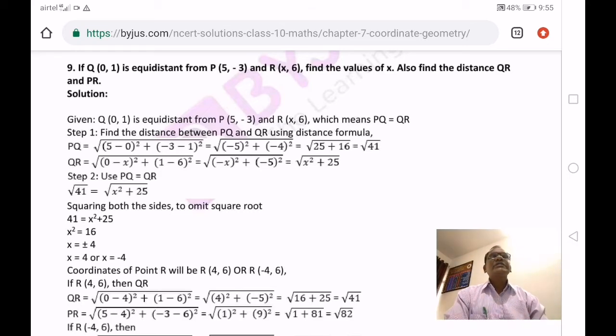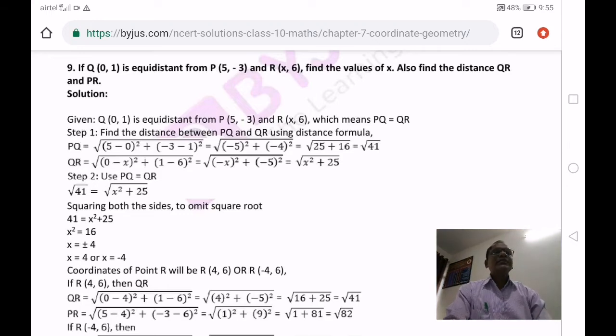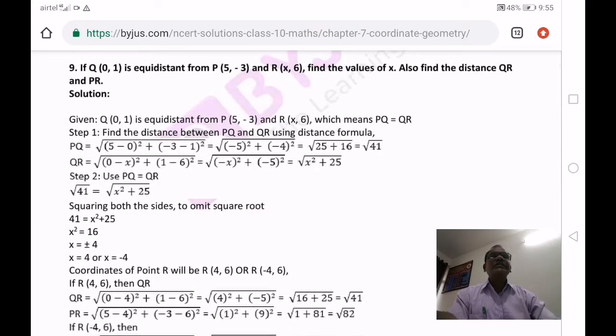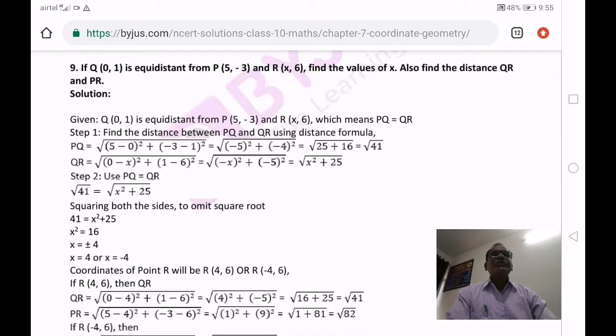Q(0, 1) is equidistant from P(5, -3) and R(x, 6), which means, as already given, PQ equals QR. How to find PQ equals QR? By using the distance formula. Therefore PQ, where P is (x1, y1) and Q is (x2, y2), equals the square root of the distance formula.